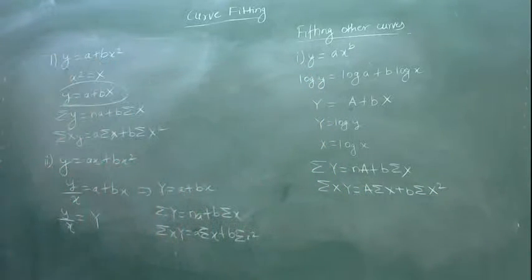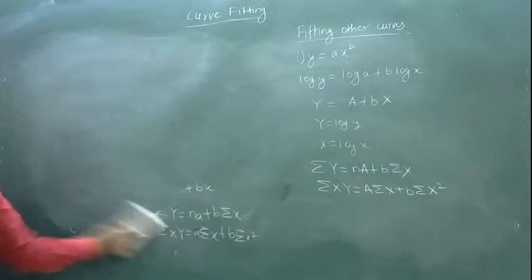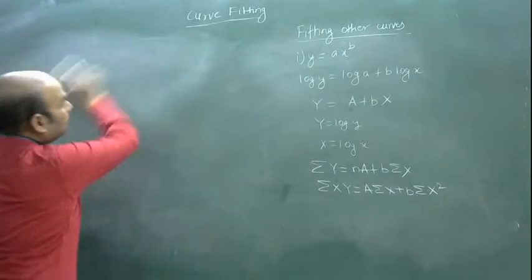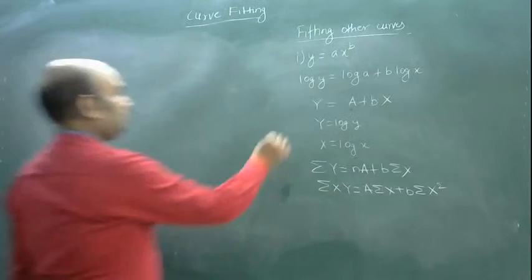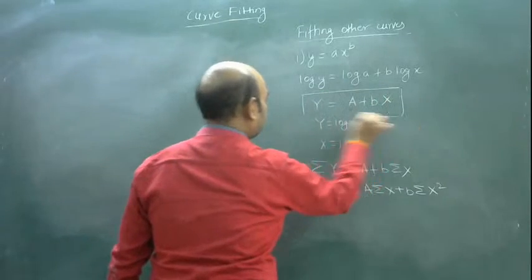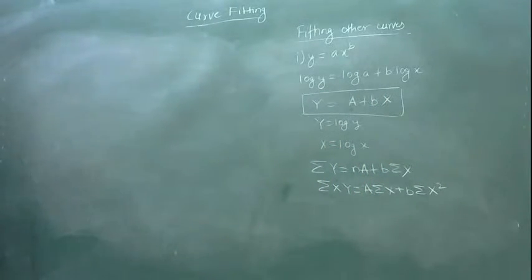We will solve a numerical based on this, so this will become more clear. Somehow you have to convert the given equation into this form. This is the whole idea behind curve fitting.